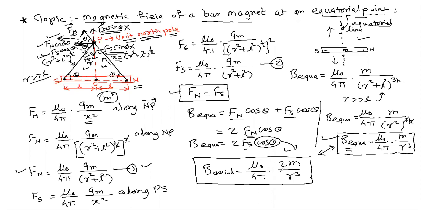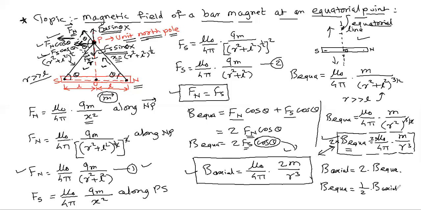Now can you compare these two relations and get a new relation from these two? Yes, absolutely right. How will you get this B axial? Simply multiply this by 2. So if you multiply this equation by 2, ultimately you will get this equation. So I can write B axial is equal to 2 into B equatorial, or I can write B equatorial is equal to 1 half of B axial.